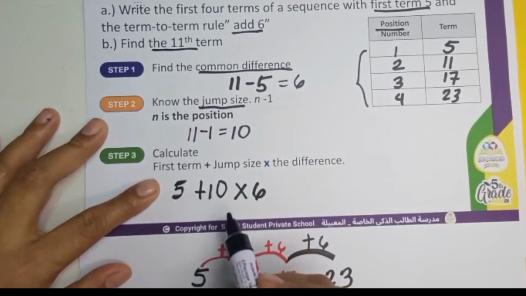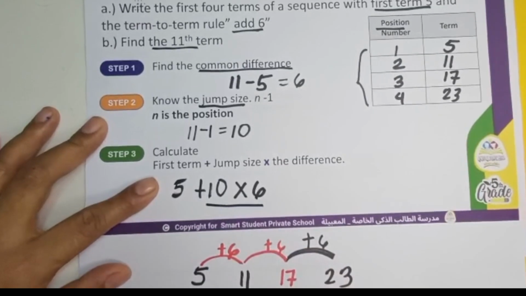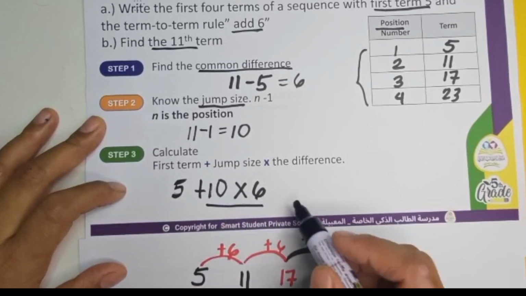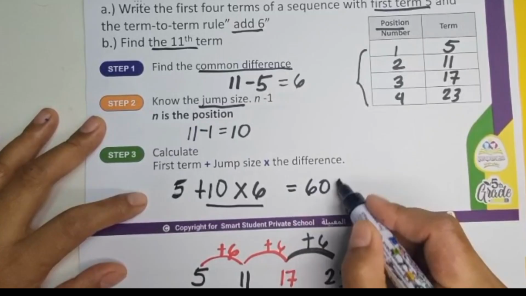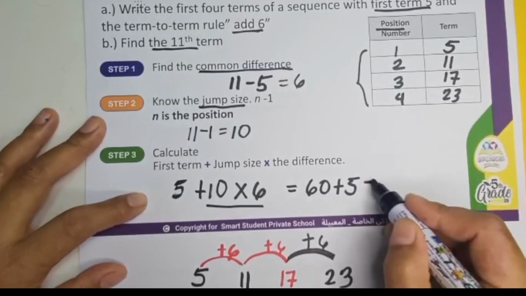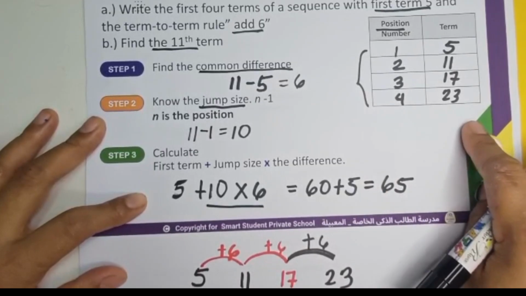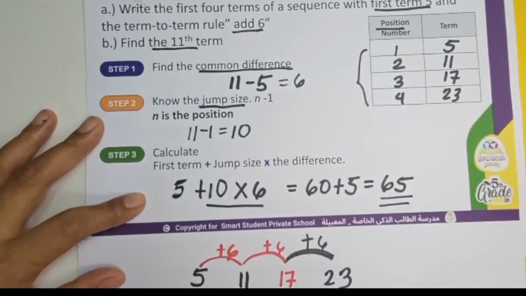Using the rules of BODMAS, I will do first 10 times 6, which gives 60, plus 5, that gives me 65. So in this given sequence, the 11th term is 65.